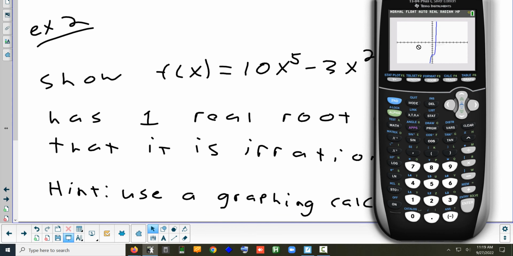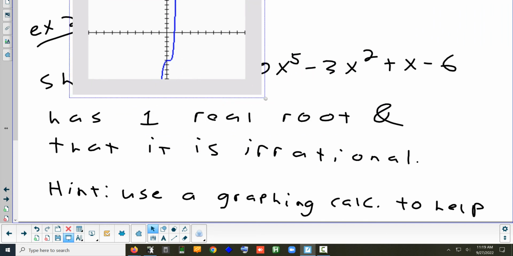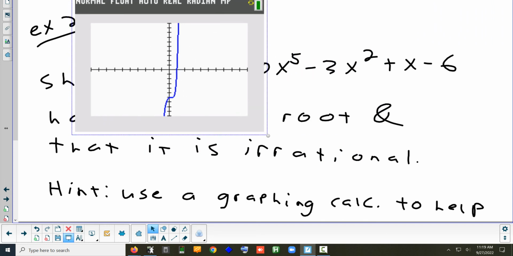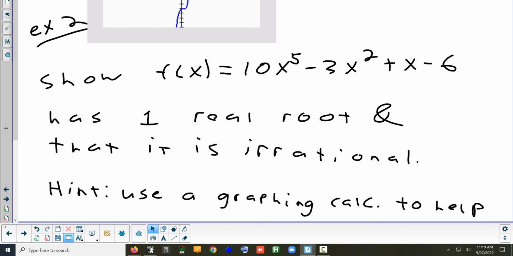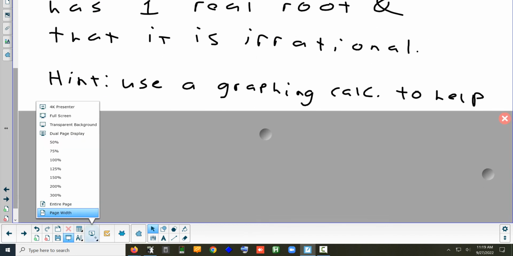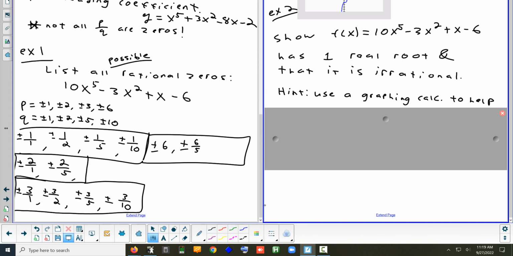Okay, so without doing anything else, just looking at that picture, what does it look like? It's pretty close to where it crosses. Okay, looks like it's close to 1. So let's go back and look at our list and cross out ones that don't make sense.